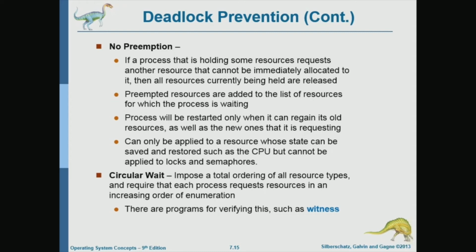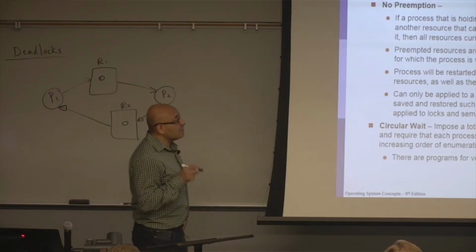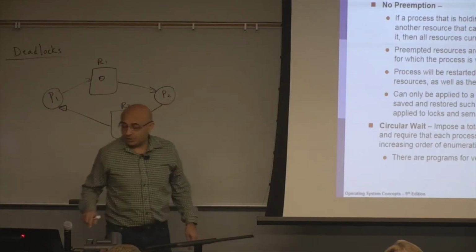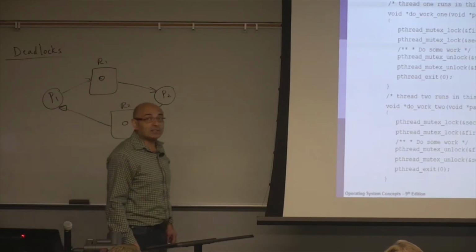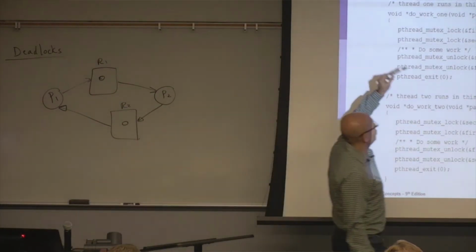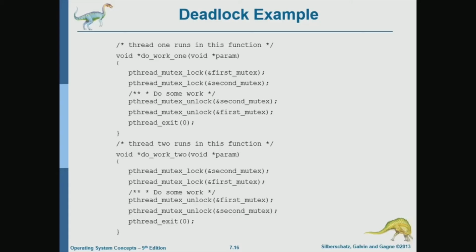Circular wait. Now, in the simple example that we showed for the deadlocks, we had two processes locking resources in a different order. The first process locks the first mutex, then the second, and the other process locks the second, then the first.